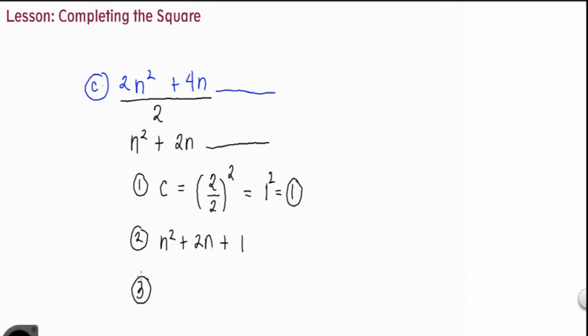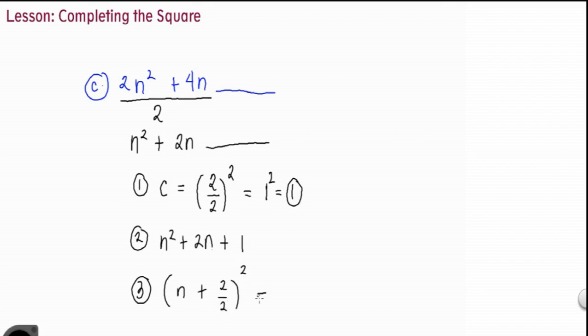Okay, so now let's move on to our last and final step. For our final step, we get the factored form. Earlier we used x, but here n is our variable. So it will become n plus, the same as before, b over 2. We have 2 over 2 quantity squared.